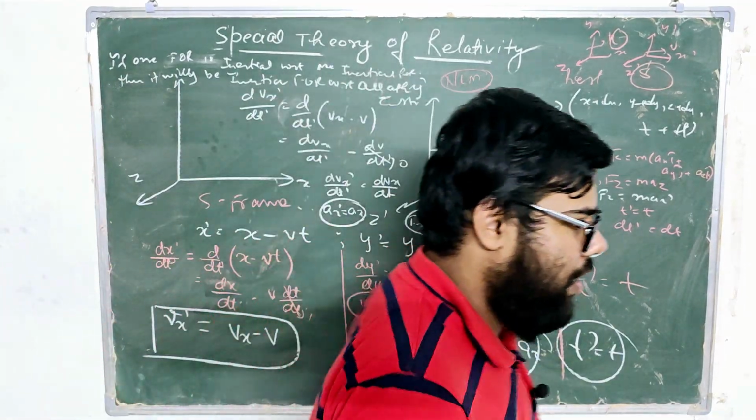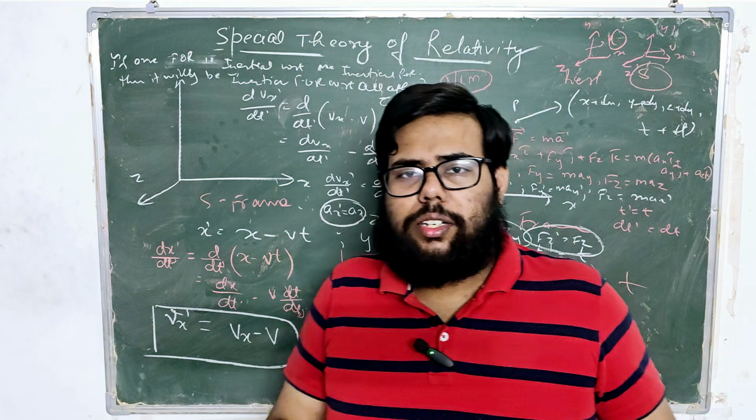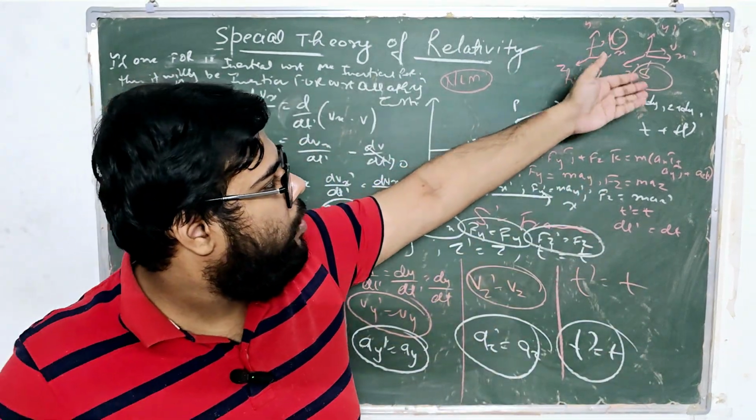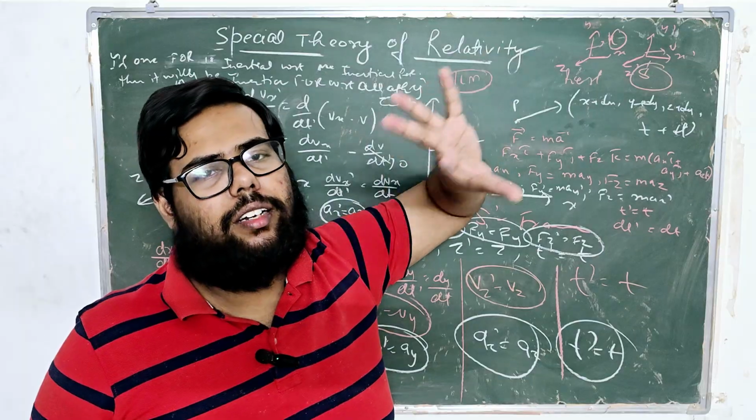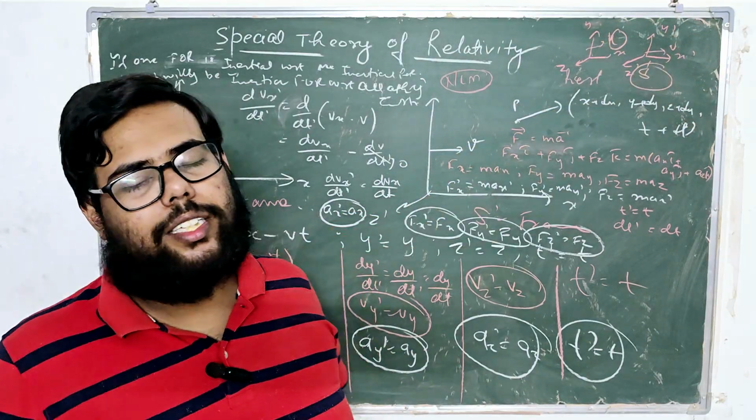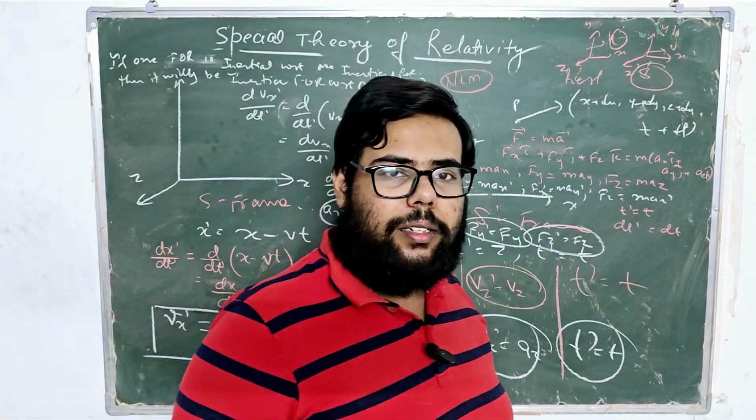That is what I want to tell. And you can prove it also. Of course, if they both are moving at some constant velocities, then even if you do the vector addition, it will lead to a constant value only. You can check it yourself also.